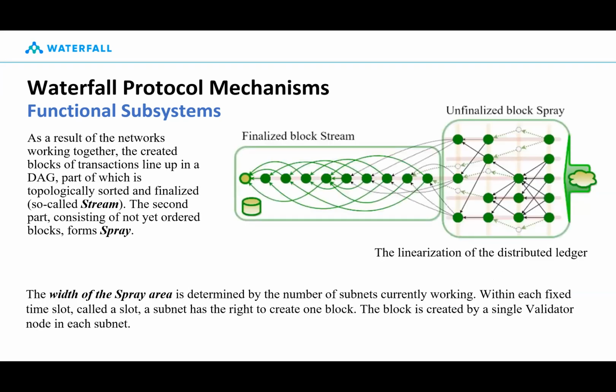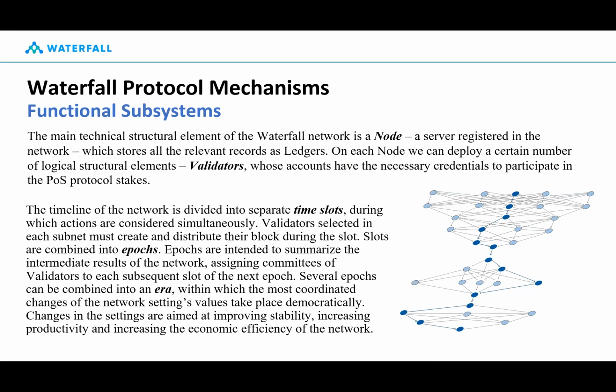So the Waterfall functional subsystem consists of nodes, validators, and time slots. Nodes are servers that are registered on the network and store all relevant records as ledgers. Validators are accounts credentialed to participate in proof of stake consensus algorithms. Time slots are periods during which validators must create and distribute their blocks.